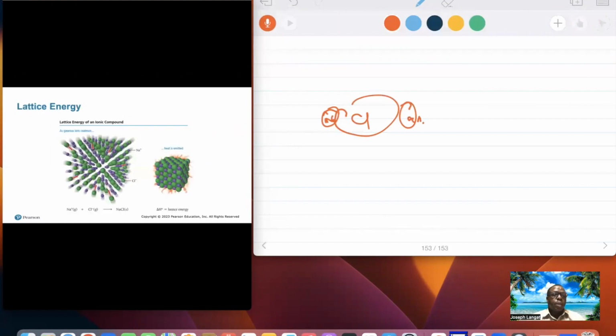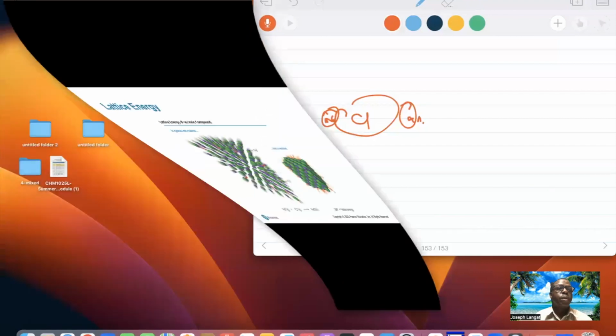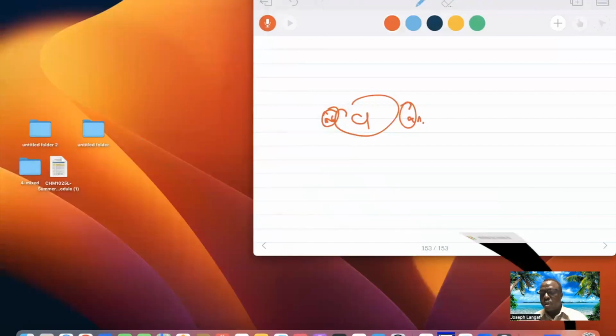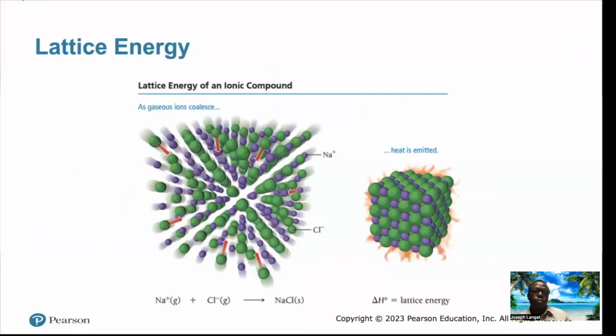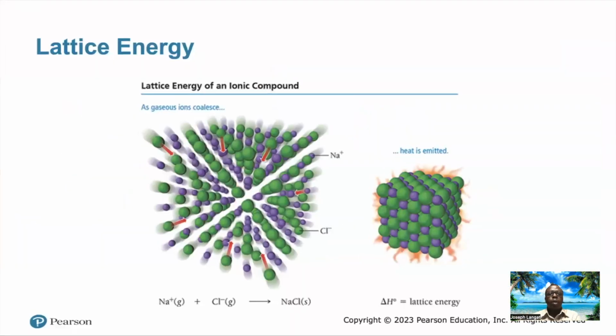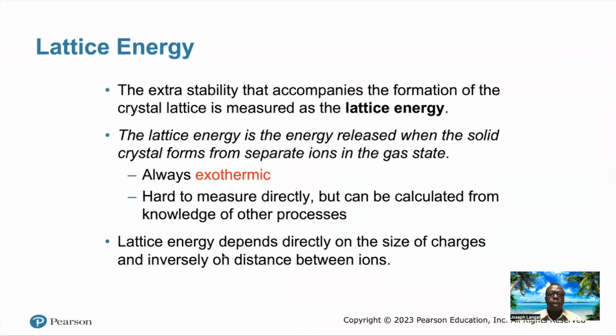So lattice energy here is the energy released when ions come together. You see the ions are coming together, and when they form, they release energy.